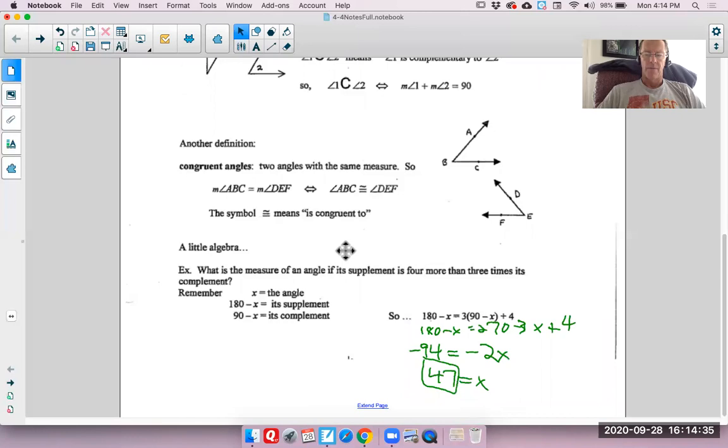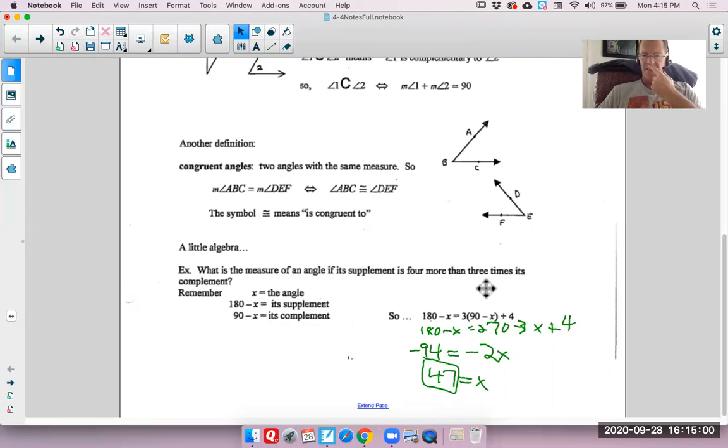And hopefully you got 47. And you could check that very easily. What's the complement? 43. What's the supplement? 133. Is 3 times 43, because remember, that's the complement, 3 times 43 is 129.